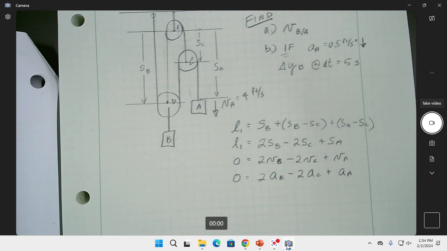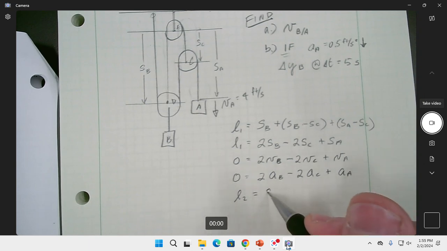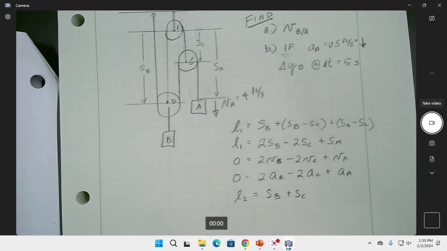I guess sometimes when I write L, the length right here, I'm keeping the mindset of the length, but I'm also lumping all the constants together on the left-hand side, because they're all just going to disappear anyway. It's a shortcut, I grant you. So L2 is going to be our SB plus, looks like SC to me, right?